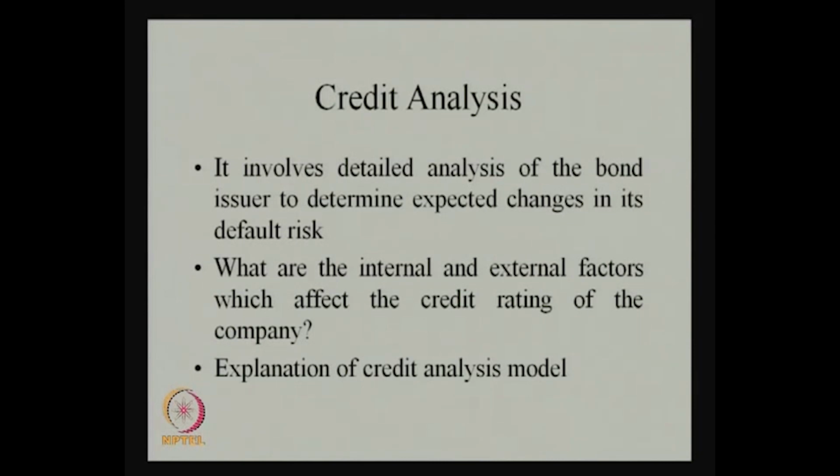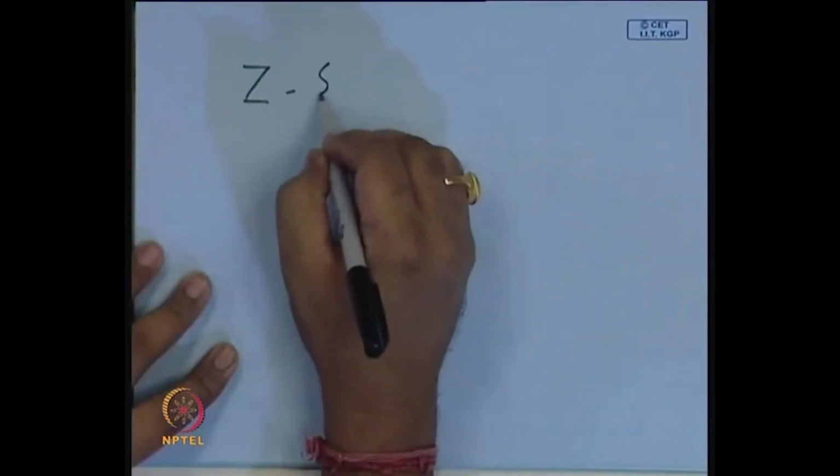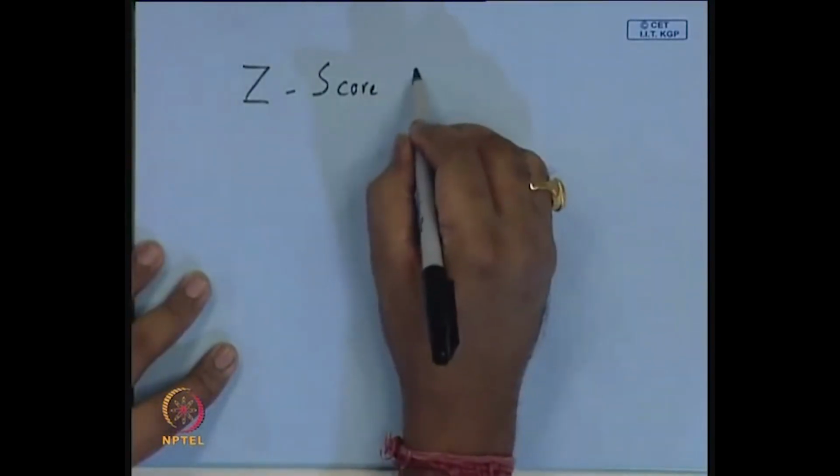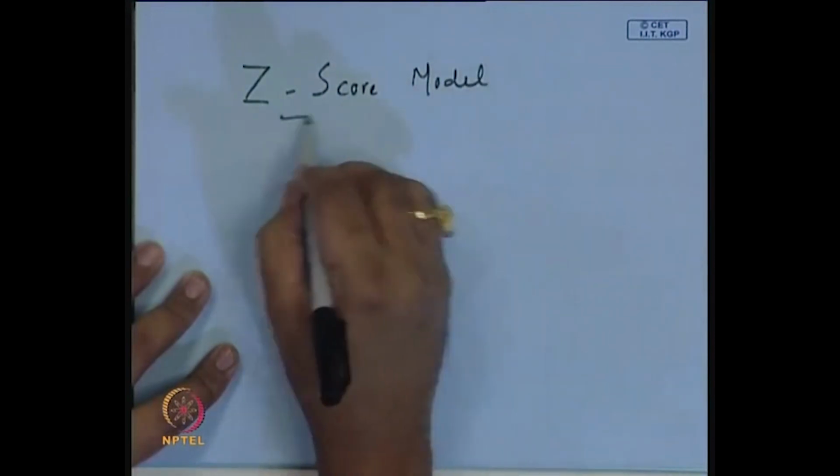Internal means the company-specific factors, and external means factors with respect to the macroeconomic context, which are outside the firm. And the model he developed, they call it the Z score model.